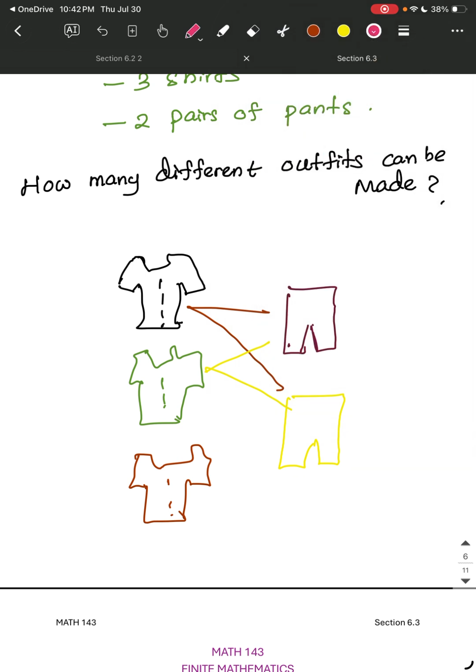How many different ways? 1, 2, 3, 4, 5, and 6. Therefore, 3 times 2 is 6. 6 possible outfits.